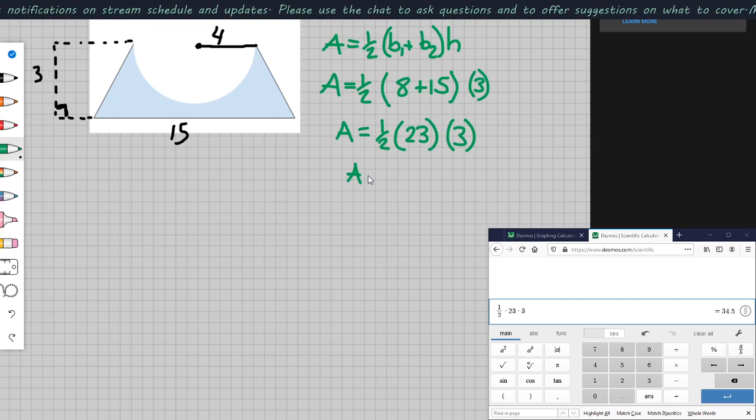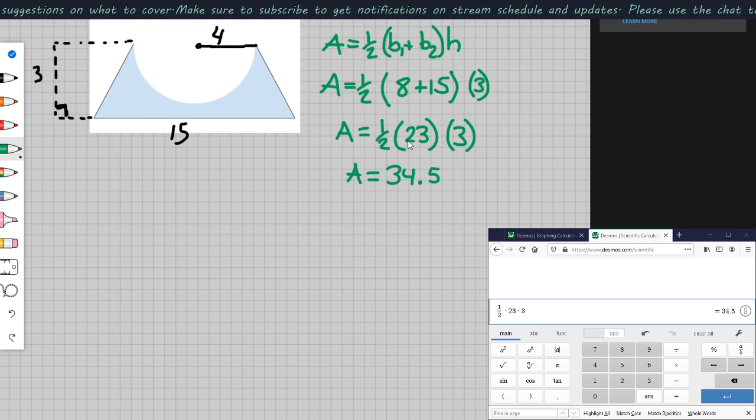So the area equals 34.5, and I'm really sorry, for some reason it keeps thinking these gestures are going to be circles, and they're not, so that's why I keep editing it back. So there's a parentheses. If you accidentally wrote a circle, go ahead and erase that. It's supposed to be parentheses. Alright, so 34.5 units squared, and I'm not going to worry about writing the units squared for right now because I need to then find out what is missing.